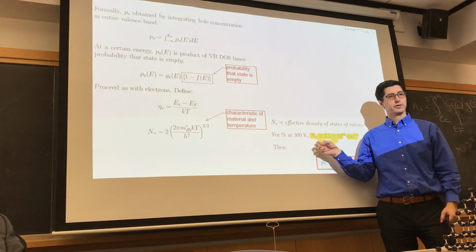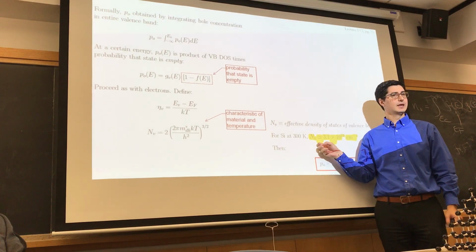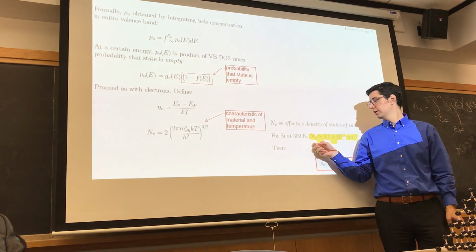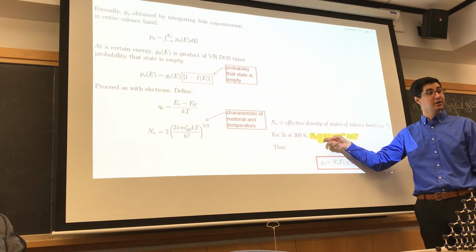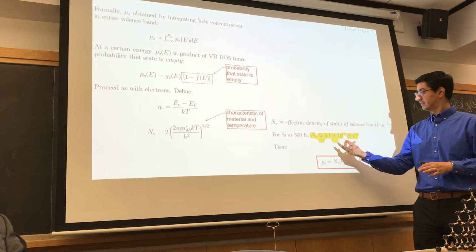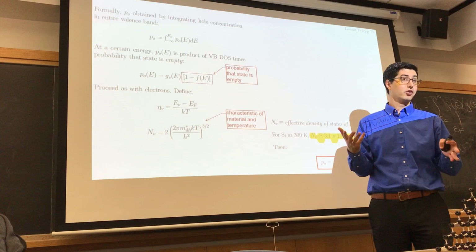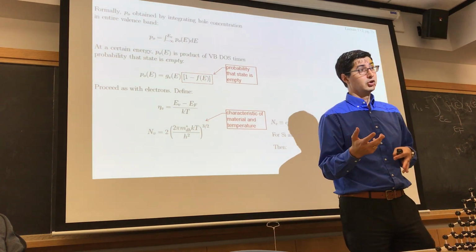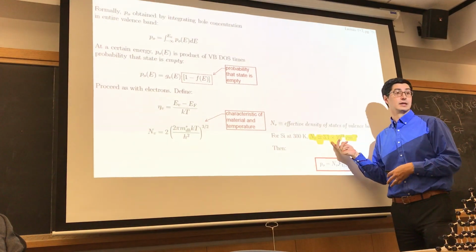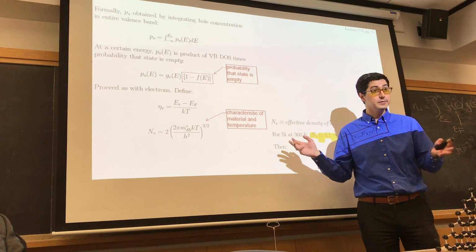Now look, for the valence band, my effective density of states NV is very similar. And so this isn't going to give you much error in this course, okay? If you're trying to calculate the carrier concentration in this course, you're looking at something on the order of 10 to the 19. I don't care about 0.1.